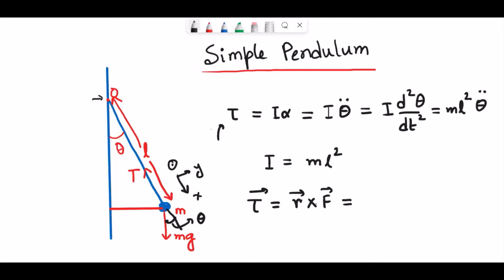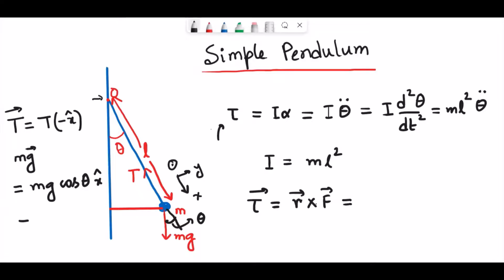And in this system, the tension force is given by T, the magnitude, times minus x hat, which is this direction, and mg is given by mg cosine theta into x hat minus mg sine theta into y hat.